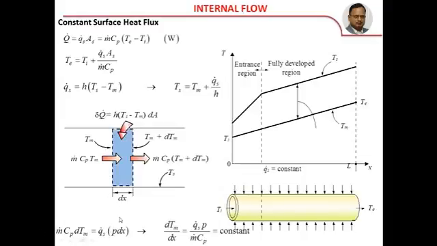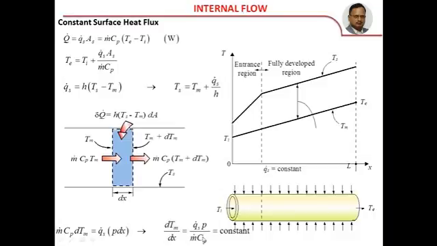Let us equate these two. The m Cp dTm, that is the net energy leaving carried by the fluid, is equal to the net energy supplied, Q dot S times area. Area is perimeter times dx.